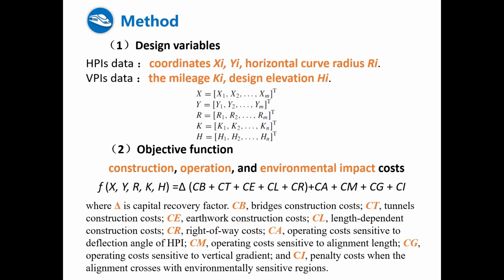Thus, the railway alignment design problem uses 5 sets of vectors as the design variables.